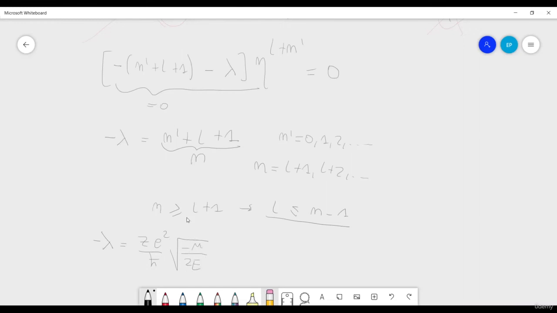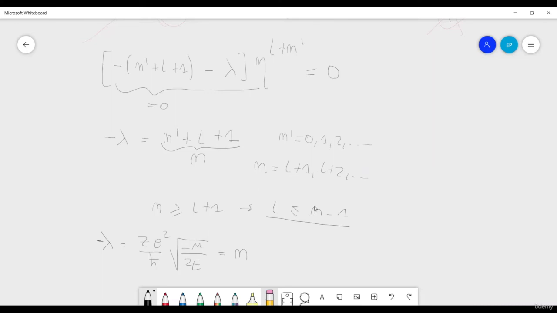When I first wrote down this expression, this minus sign was not present. Actually, there should be a minus sign here, and I didn't write it down, but I put it in the notes. So this minus sign can also be put here, of course, and this quantity is equal to n. It is that integer n that starts from L plus 1 and then L plus 2 and so on and so forth.